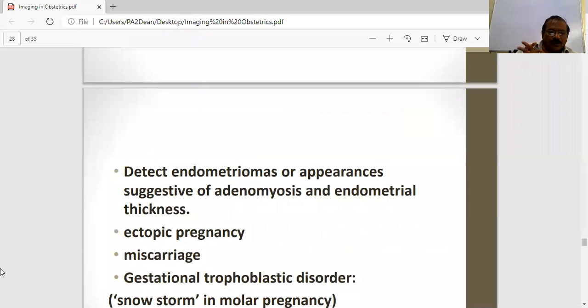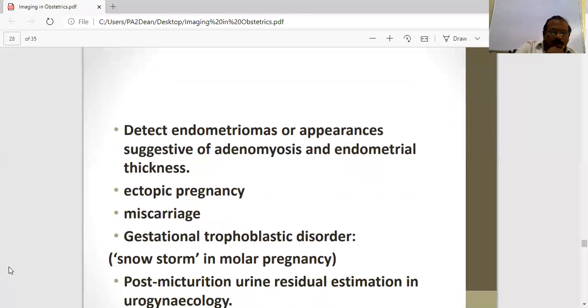Any abortion, either threatened abortion, incomplete abortion, or complete abortion, all these miscarriages can be diagnosed by ultrasound. And the gestational trophoblastic disorders, that means molar pregnancy, which shows a snowstorm appearance in ultrasound, we can diagnose in the earliest gestational age.